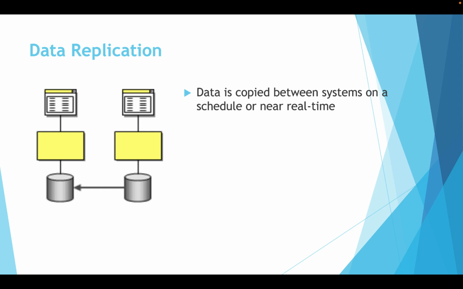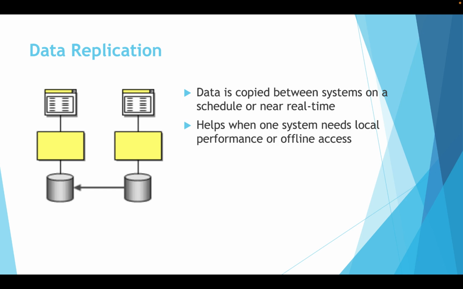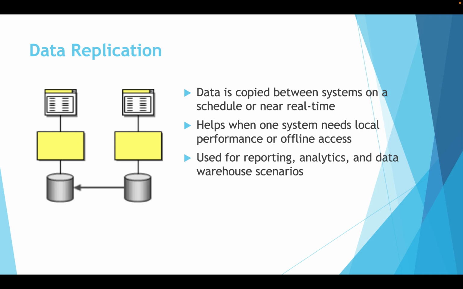It's also possible that the systems talk to each other and get data from system X to system Y. It helps when a system needs local performance, basically offloading the load from system X to system Y, and it can also be accessed offline. The third use is for reporting, analytics, and data warehouse scenarios.